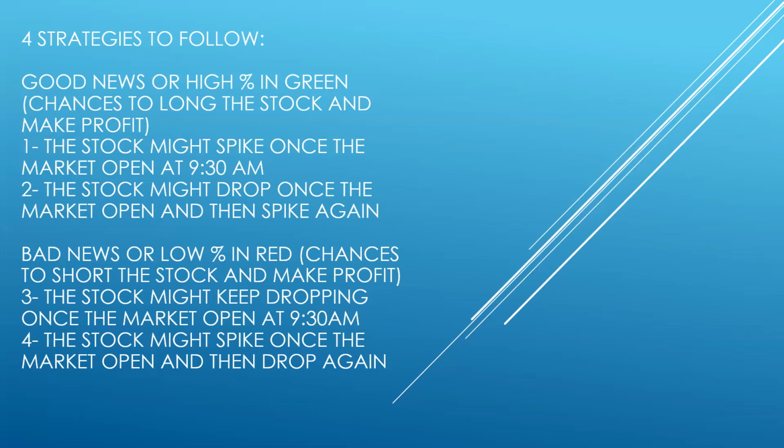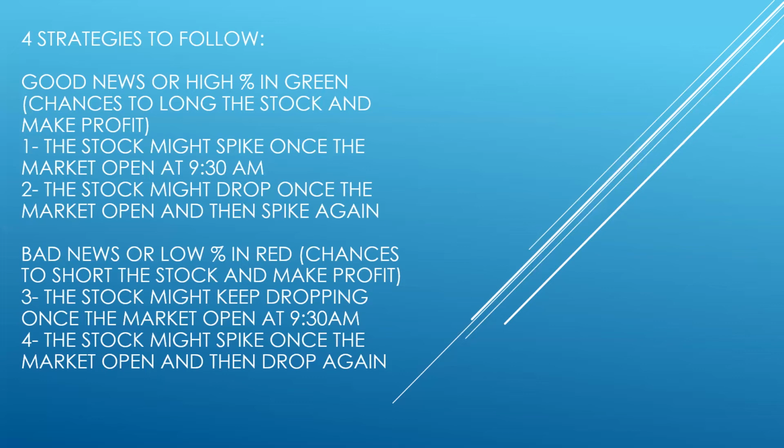The second scenario is the bad news or low percentage in red, where the chances are to short the stock and make a profit, which means shorting, as we mentioned before, that you will start the transaction with selling, and then the second step is going to be buying low.